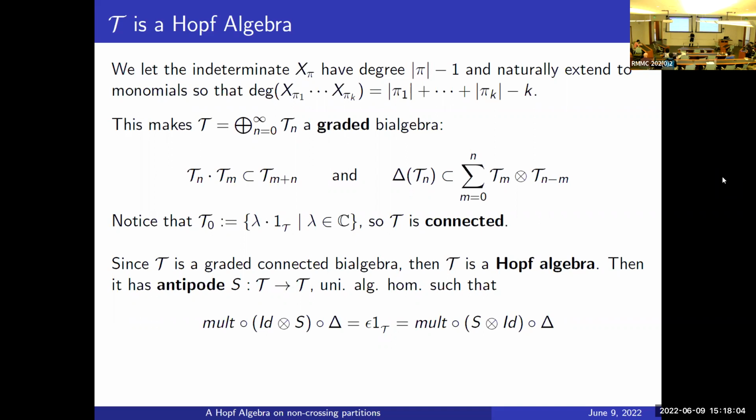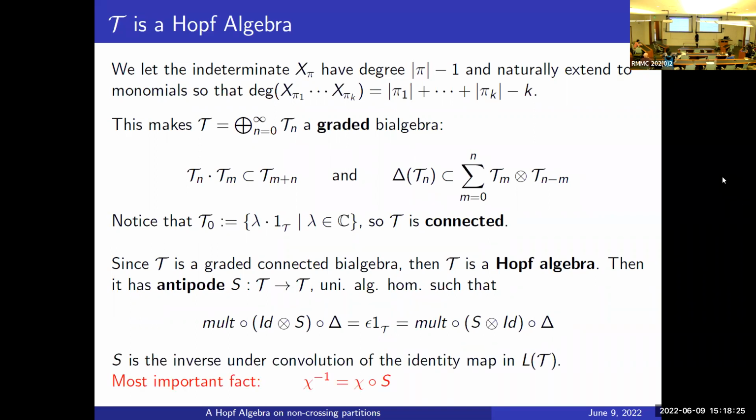In a group you have a product, a unit, and inverses. In a Hopf algebra, the duals of these are the co-unit, which is the dual of the unit, the co-product, which is the dual of the product, and the antipode, which is like the co-inverse map.